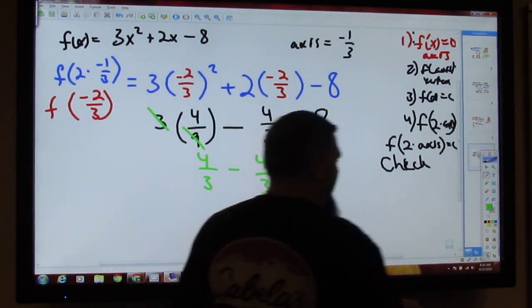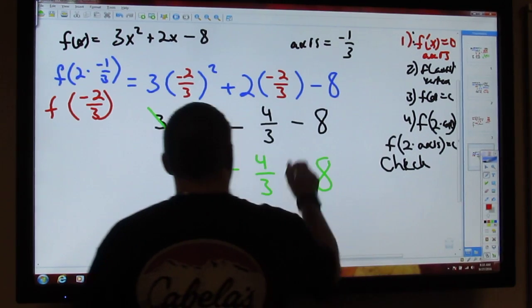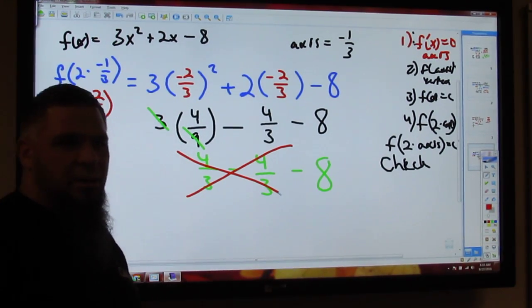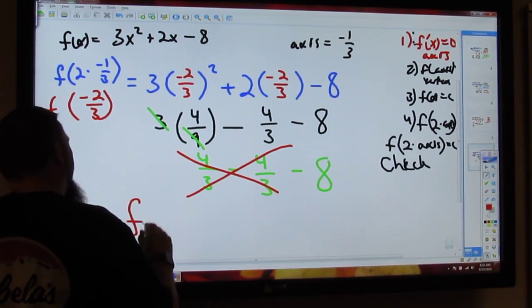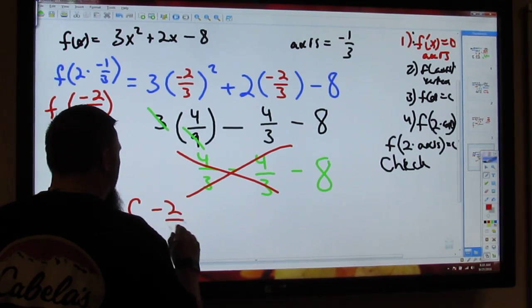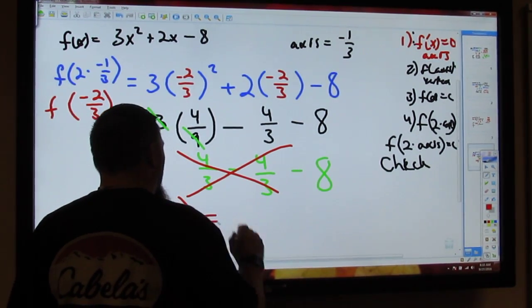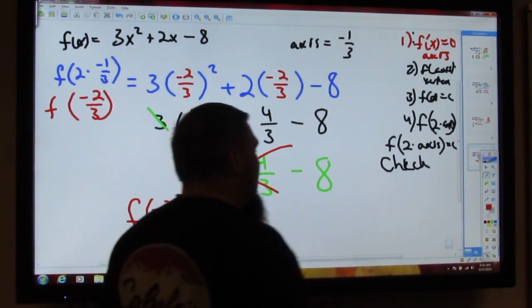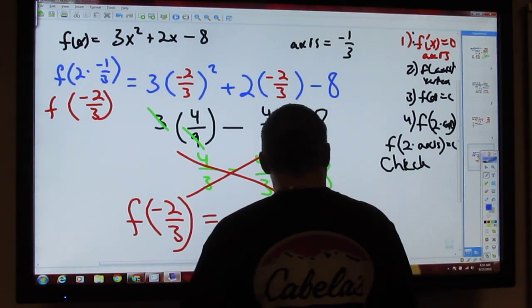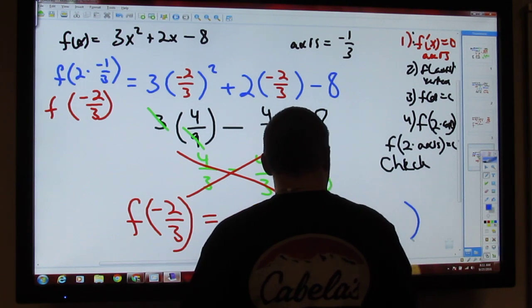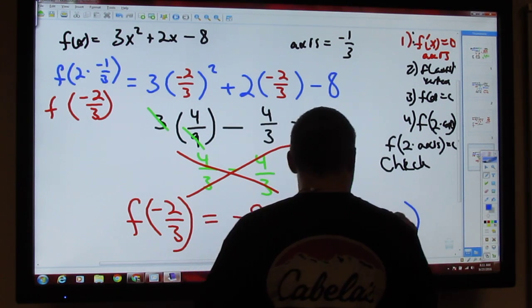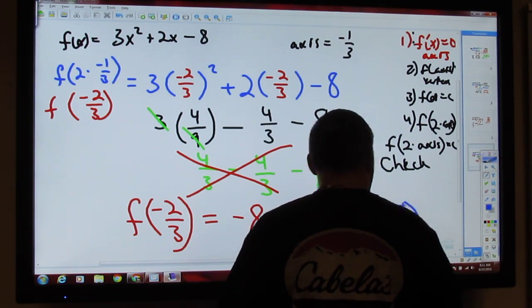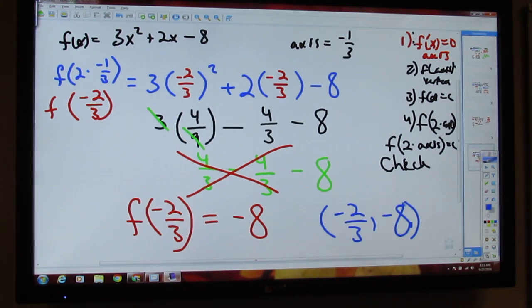What happens to those 4/3? So f of negative 2/3 is equal to negative 8, correct? So that means we have another point at negative 2/3 and negative 8.